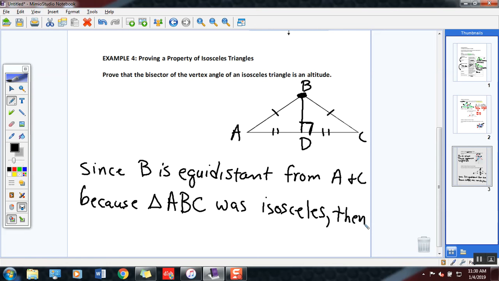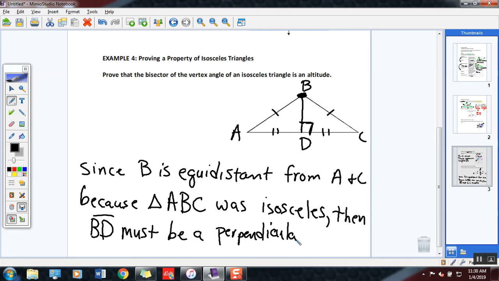Nutty Professor. Then BD must be a perpendicular, and we've got piggies in the class now. Must be a perpendicular what? Bisector for which segment?